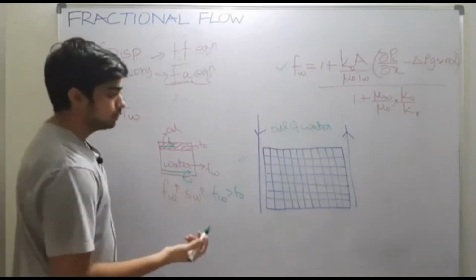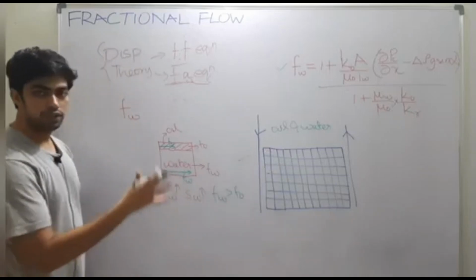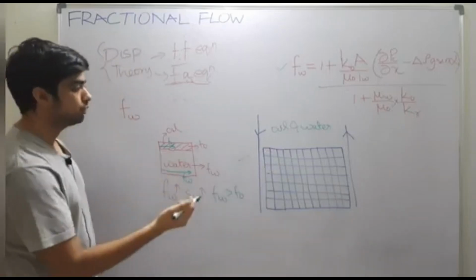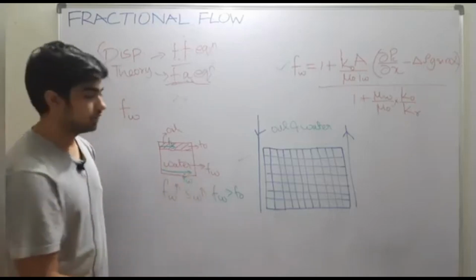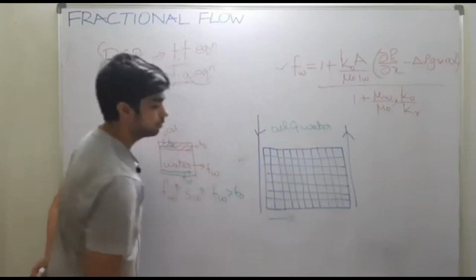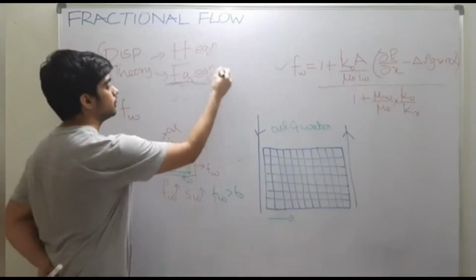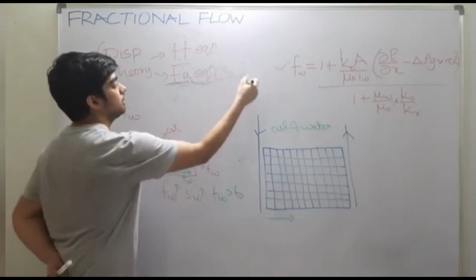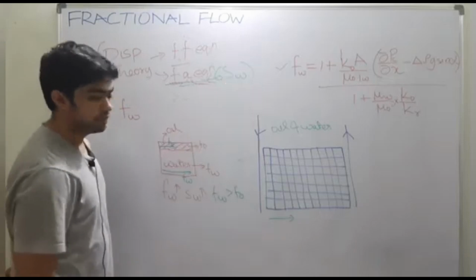Now another thing which we need is the saturation. Till this point we have assumed that we know the saturation at each and every point, but in order to fully understand and accurately estimate the saturation at each and every point, with distance from the injector well or with respect to time, we use the Frontal advance equation. With the help of the Frontal advance equation we will be able to tell the saturation at each and every point.